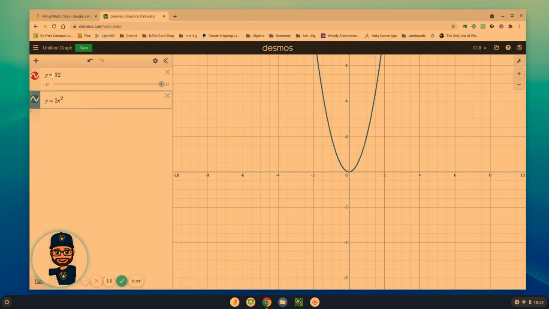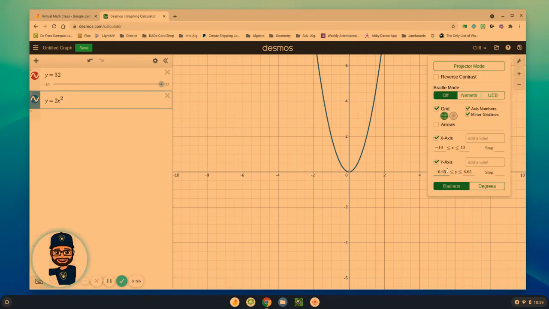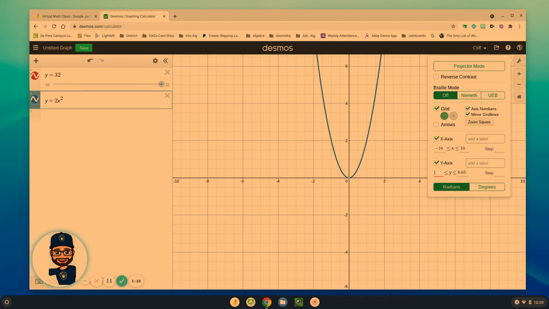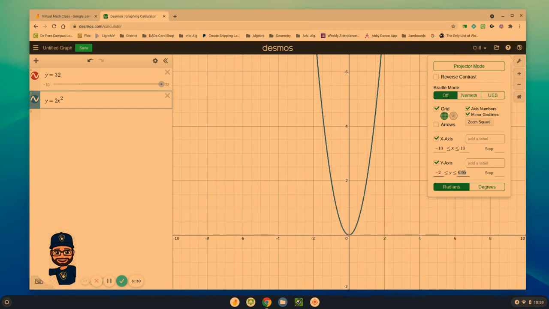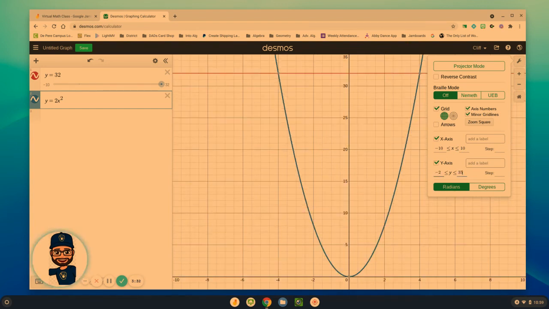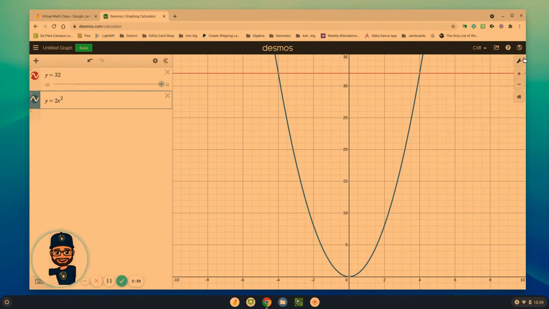Now you'll notice my y equals 32. I have to change my y-axis from, say, negative 2 up to, say, 35, because my y line, that red line, is at 32. That's what we're trying to figure out where it equals.